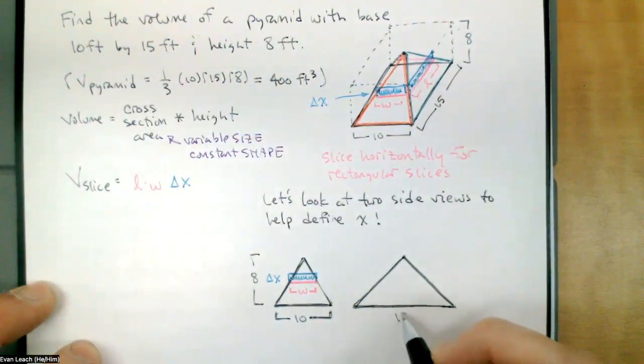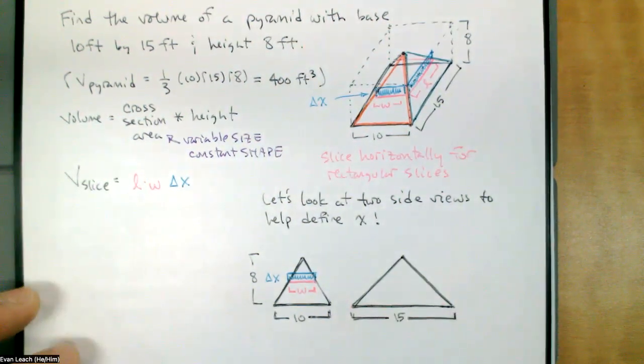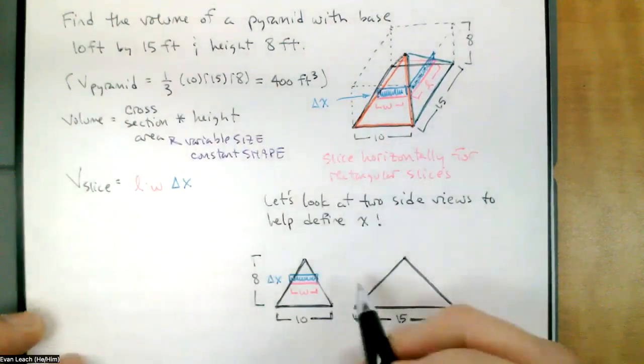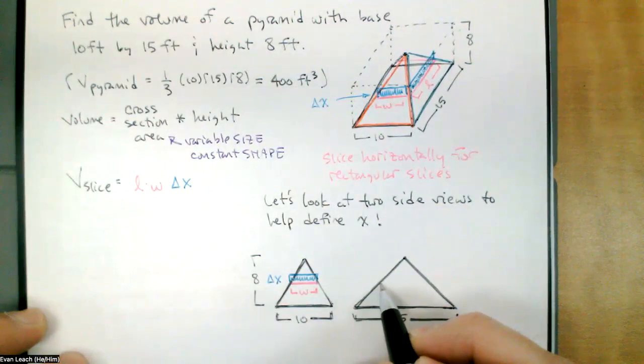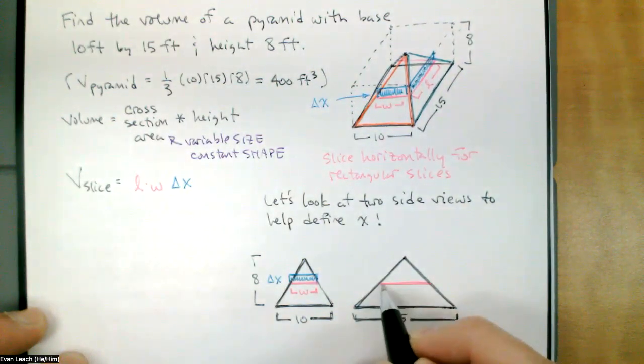So if we look at it from the other side, the 15-foot side, we've still got a height of 8. And this slice is still here, although now, when we look at this slice, we're seeing the length.